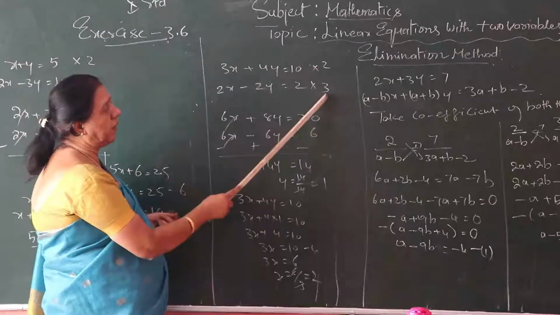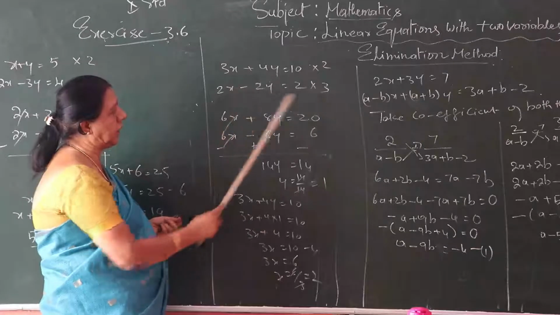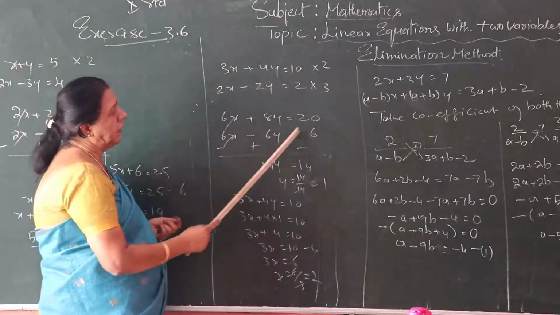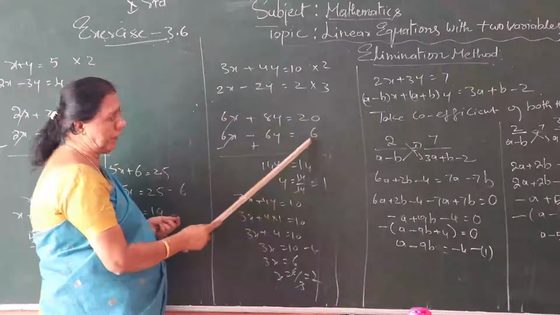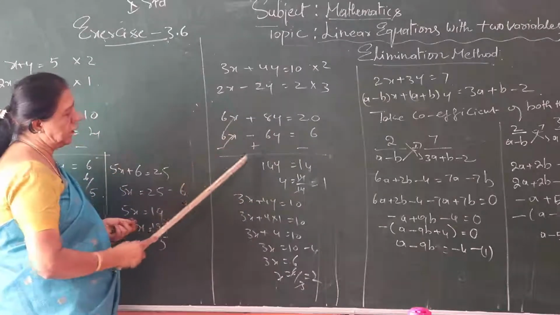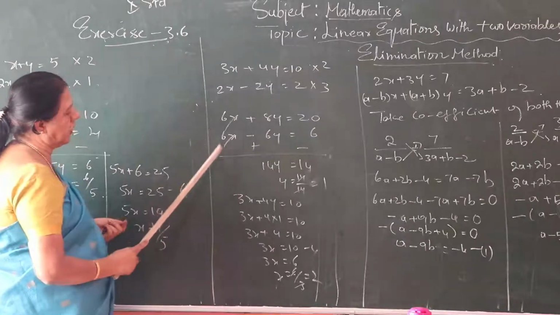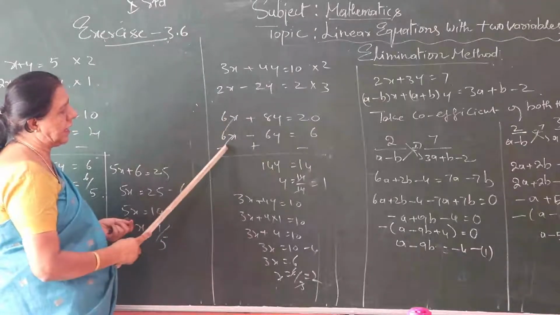Now multiply the whole equation by 3. 3 into 2 is 6x, minus 3 into 2 is 6y, is equal to 3 into 2 is 6. So now the same variable, same number, change the sign: plus becomes minus, minus becomes plus. 6x cancels.